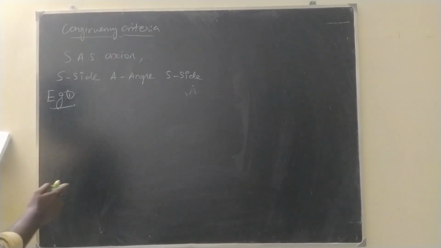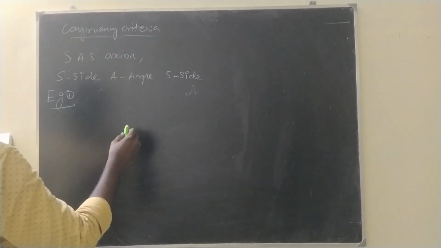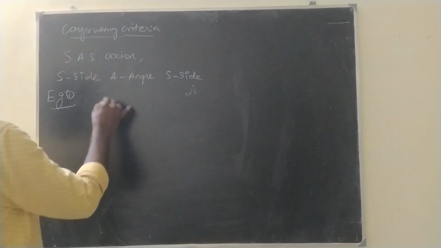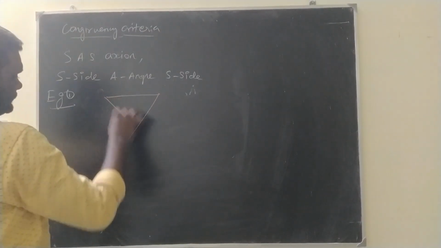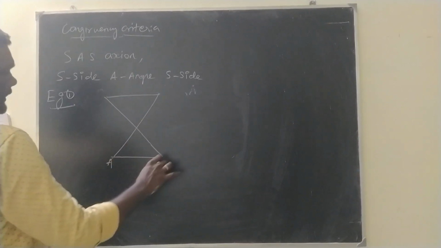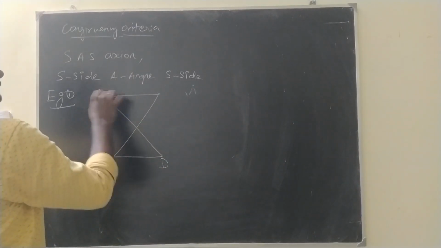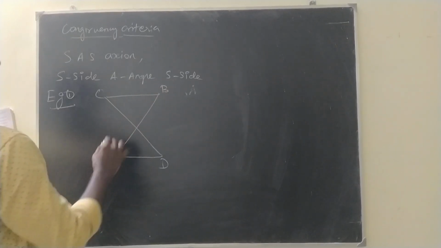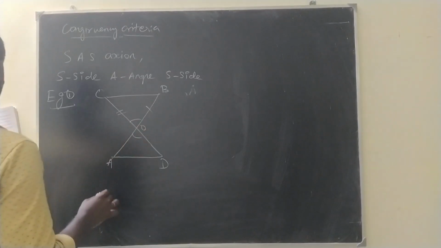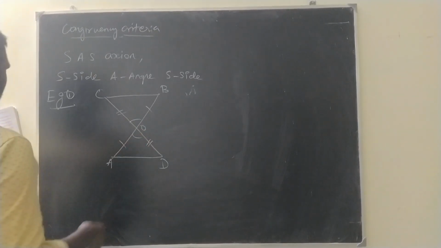There is a figure given. In that, this is A, B, C, D, with points 2 dash, 1 dash, here this is O, here 1 dash, here 2 dash.